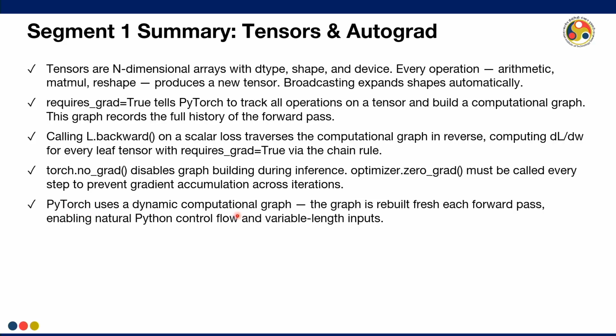PyTorch uses a dynamic computational graph, which is built fresh in each forward pass, based on any conditionals that are happening. If we want to apply any conditionals in the graph computation, the PyTorch dynamic graph helps us do that.